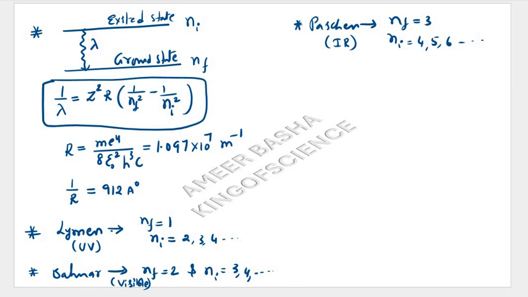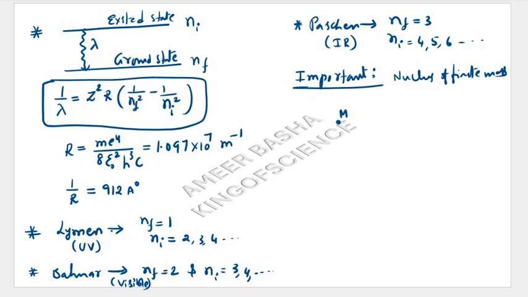Fine. So another important thing is, sometimes the nucleus may not have infinite mass. So the nucleus is also in motion. So, nucleus of finite mass. When the nucleus has finite mass, we assumed initially the nucleus is at rest.